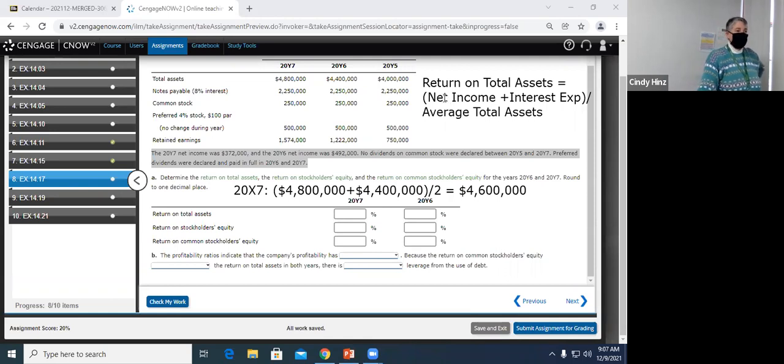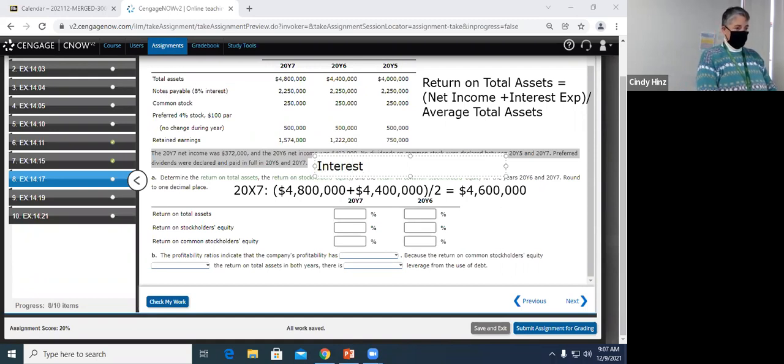The numerator is net income. And right here, we're told the net income was 372,000. And apparently we get to calculate the interest. It doesn't tell us the interest expense, but we can calculate it. What were they paying interest on? These notes payable, and it was 8% interest.